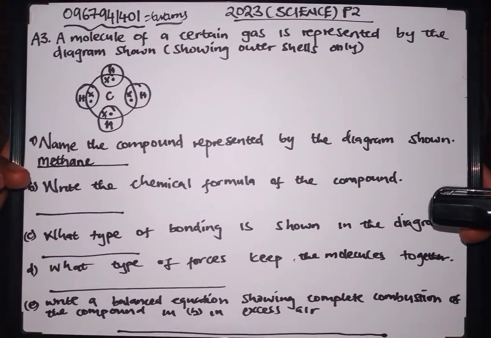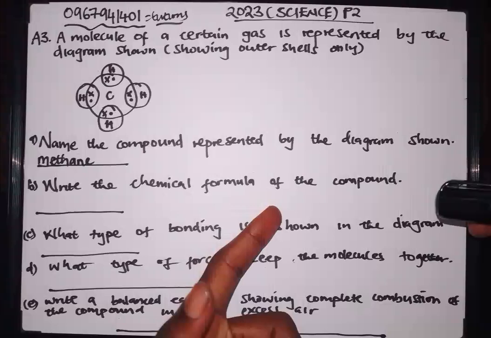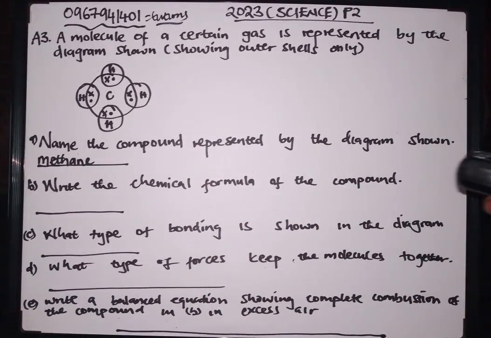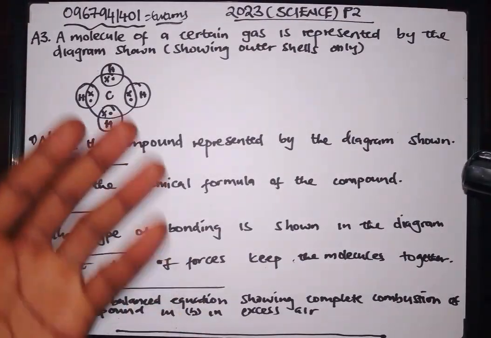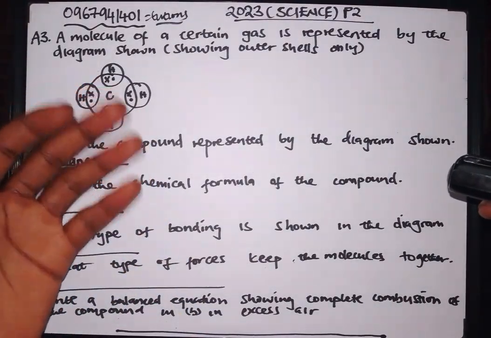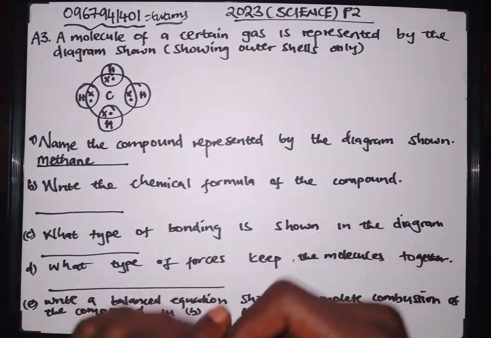Then our next question is saying, write the chemical formula for the compound. Writing the chemical formula for the compound is the easiest part. Basically you just have to look at the diagram. How many carbons do we have? We only have one carbon.